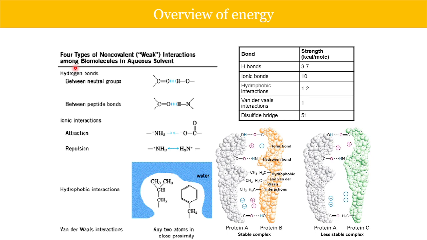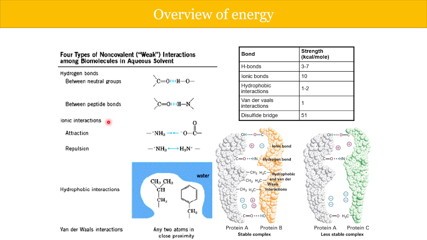So the first thing that comes to our mind whenever the protein is in water is the formation of hydrogen bonds between the neutral groups as well as with the peptide bonds.